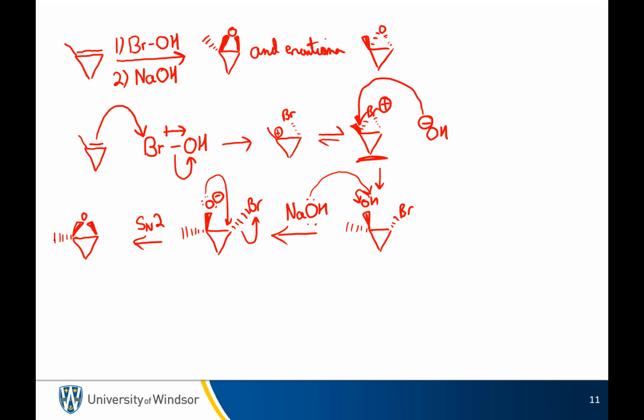And that gets us our product, plus Br minus as the leaving group. It's a different way to make an epoxide from using MCPBA, which is what we saw last class. It also results in an epoxide.